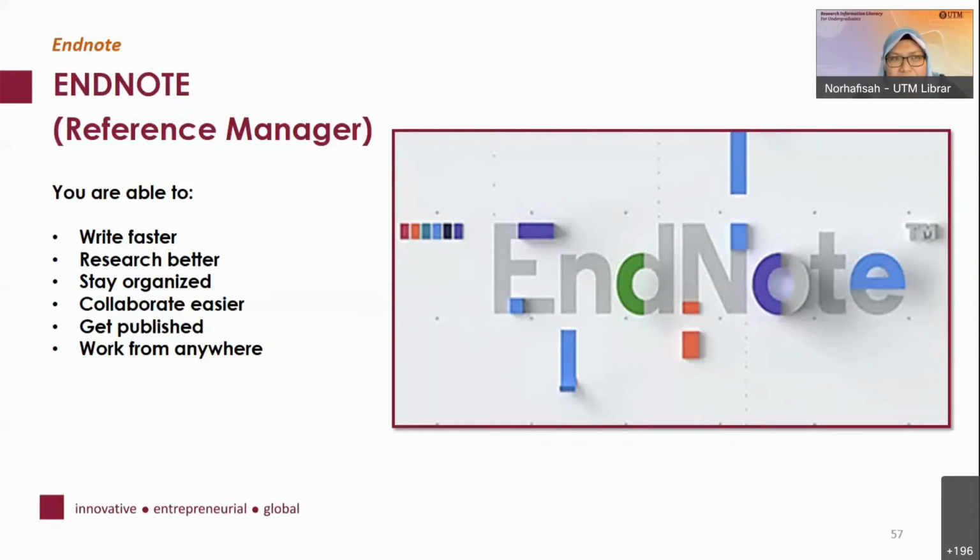There are a lot of reference managers, but in UTM we use EndNote. With EndNote, you are able to write faster, research better, stay organized, collaborate easier, and work from anywhere.